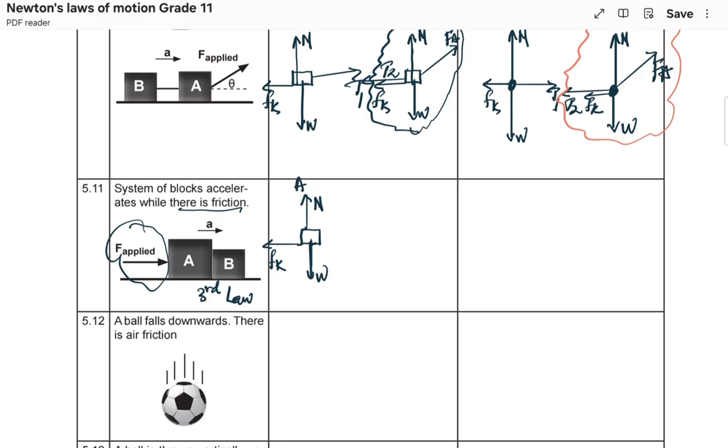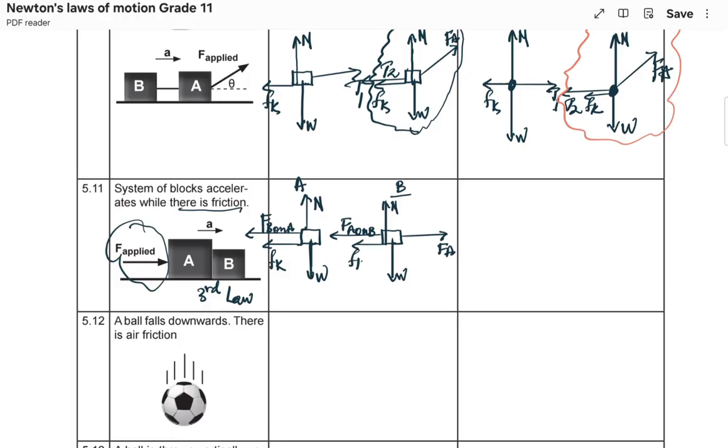Then there is a force pushing A to the left, the force of B on A. Then for B to accelerate to the right, because of the force being applied, there is a normal, there is a weight. It must be with the force of A on B.